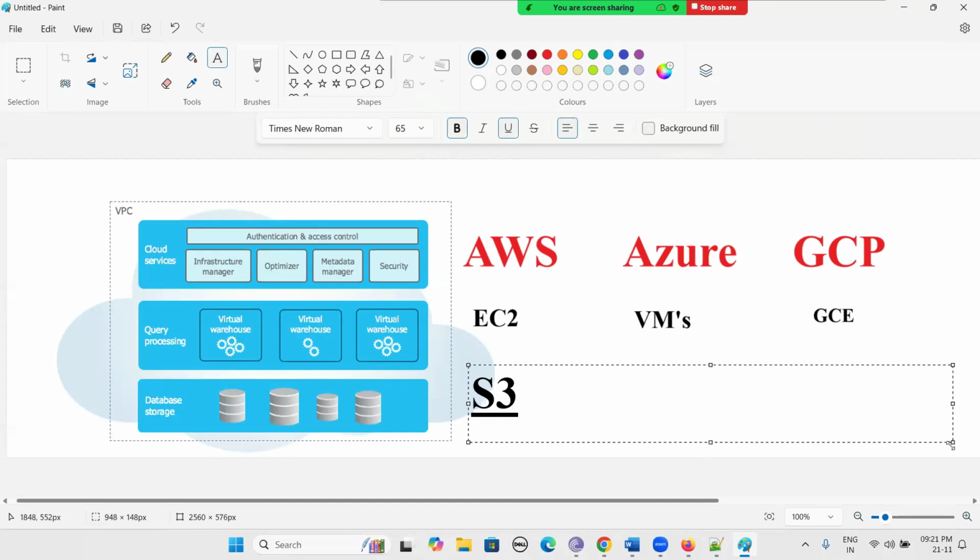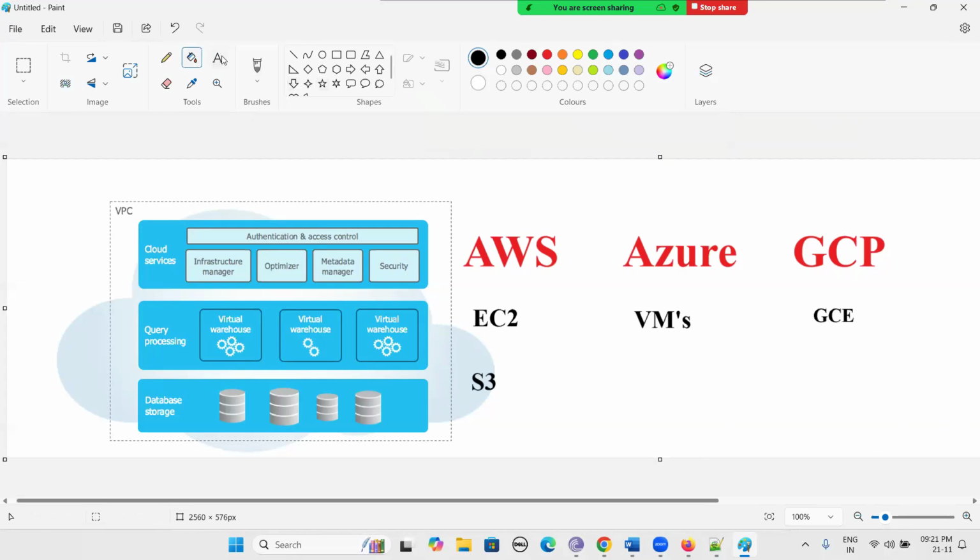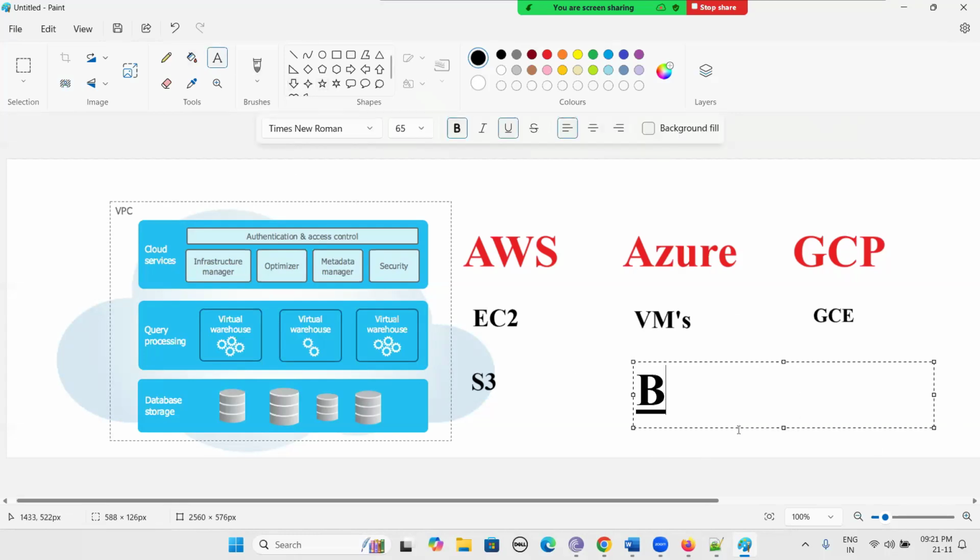If you use Azure, it uses blob storage for storing the data. If you use GCP, it uses Google Cloud Storage.